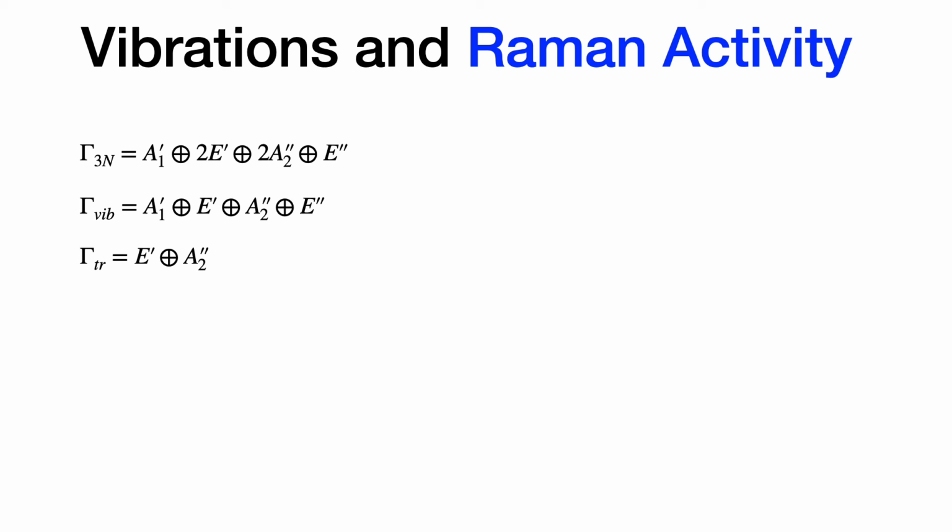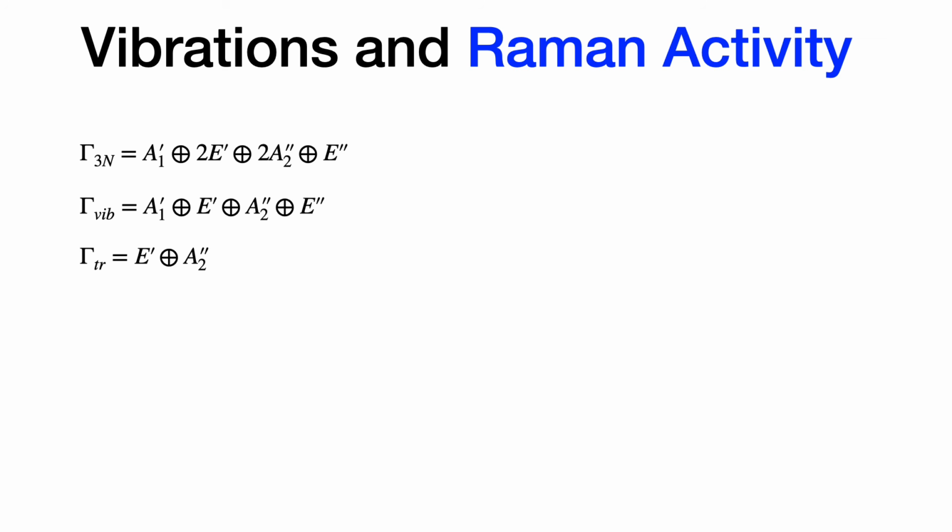And it's interesting that the total number of modes here is 6. But remember, E prime and E prime prime are doubly degenerate, so the real number of modes that we have is actually 9, which is normal because we have 3 atoms, 3 degrees of freedom, x, y, and z, so it's 9. So we are all good.